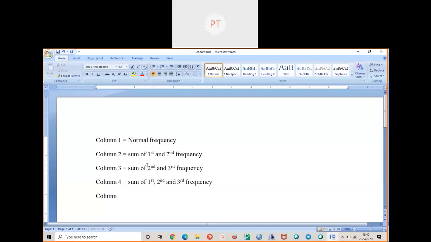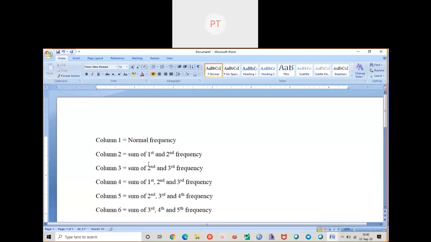Column 5 equals the sum of the second, third, and fourth frequency, whereas the last column, column number 6, equals the sum of the third, fourth, and fifth frequency.